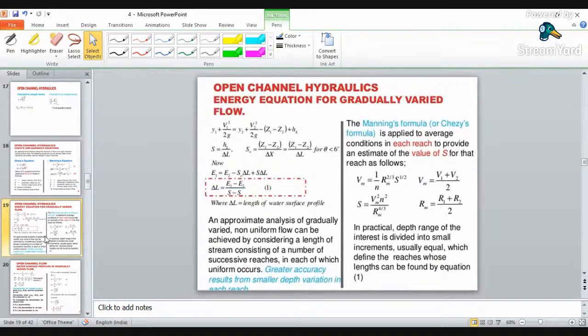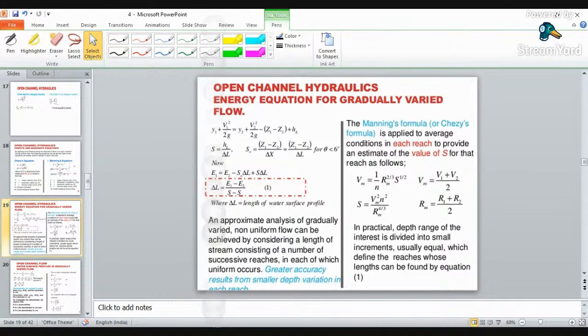Okay, see this. Now we have equated energies at both the sections. So the change in energy, or you can say the total energy drop, will be calculated as E1 minus E2 divided by S0 minus SW.